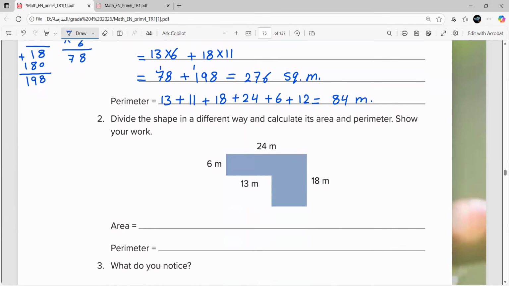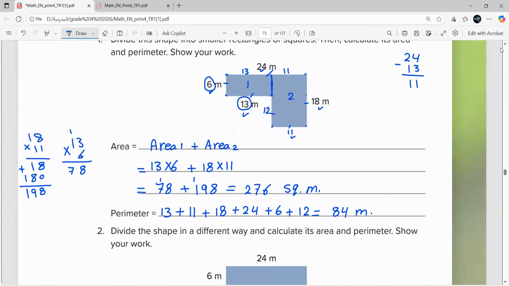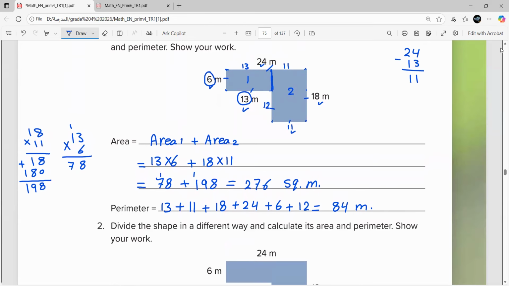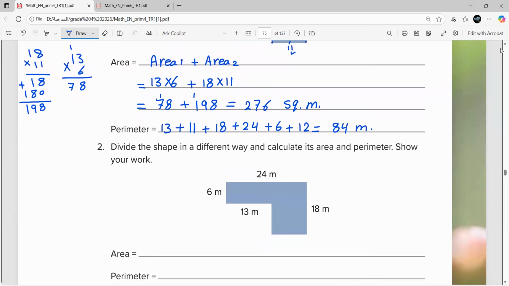And here also we can divide the same shape in another way. We divided the last one like this, but we draw a line here. But here we can also draw in this way.